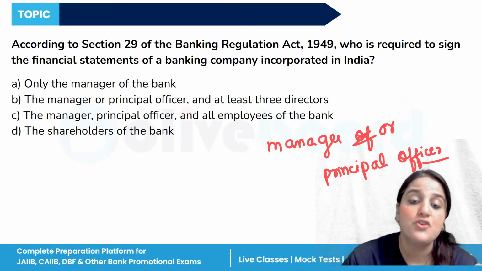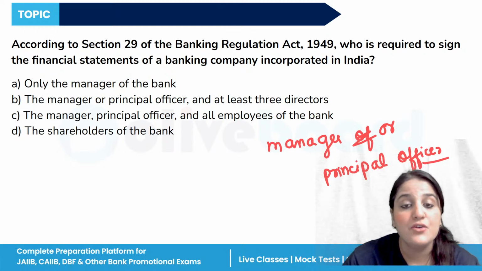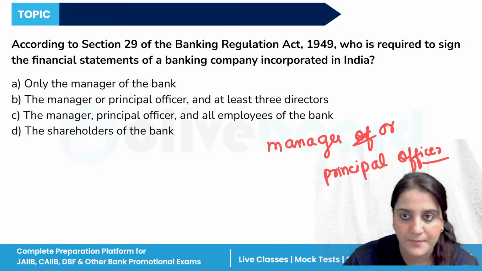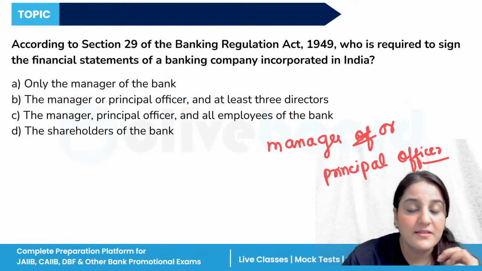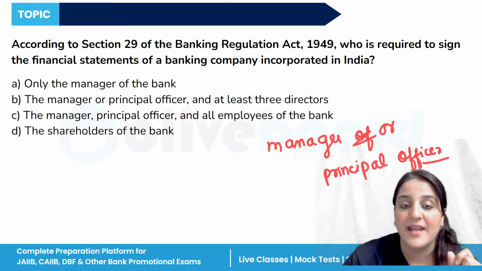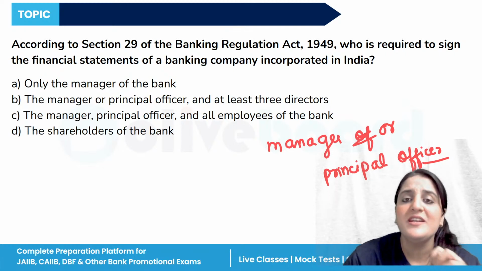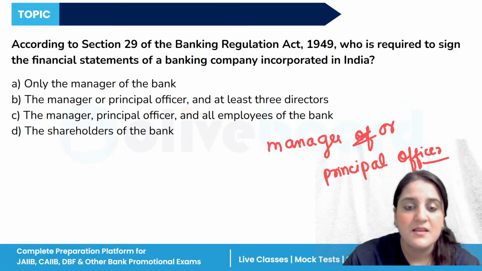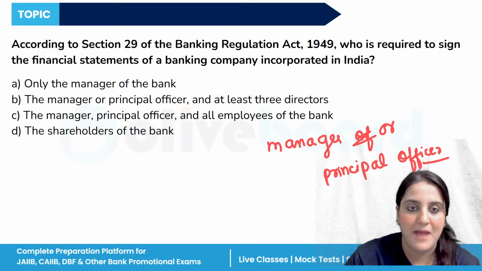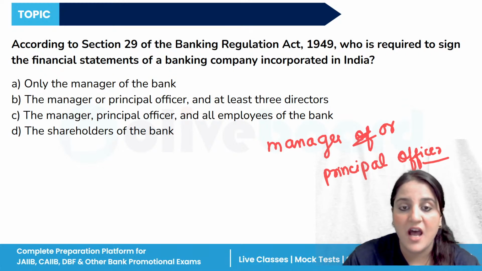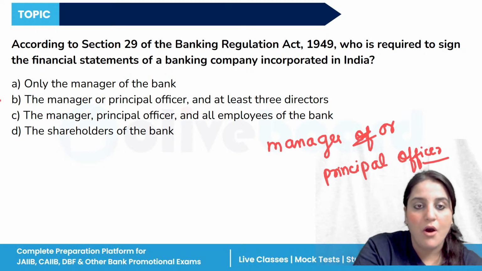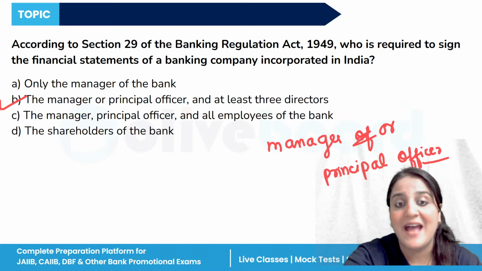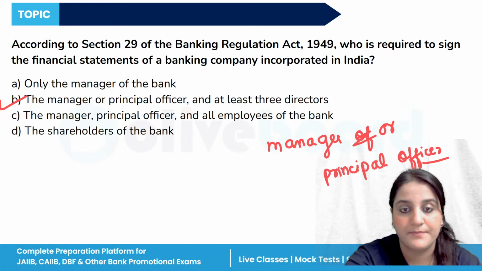The financial statements of a foreign banking company are to be signed by the manager or the agent of the principal office in India. The provisions of Section 29 are also applicable to nationalized banks like SBI, also RRBs, some small finance banks and payment banks. So the correct answer is option B: the manager or the principal officer and at least 3 directors.